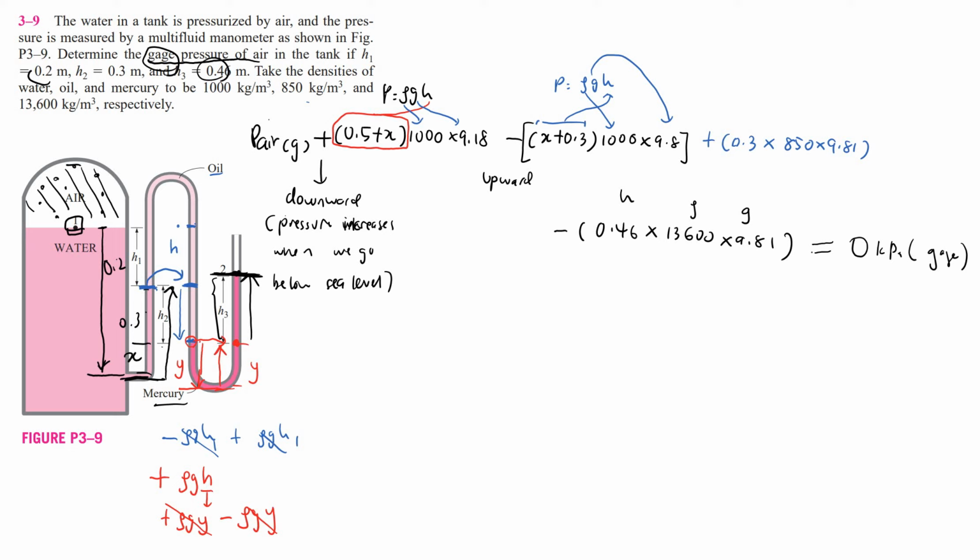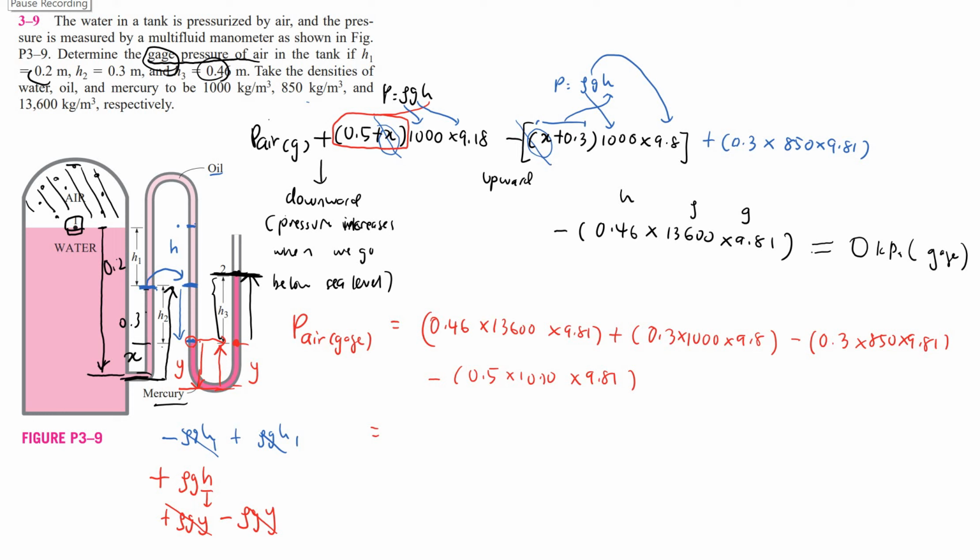Just now maybe you were wondering how to find x because x is not given. Now look at this equation here. As you can see, you have positive x here and negative x here. So automatically this x will be cancelled out. So from there we solve for this question. Find your P air.